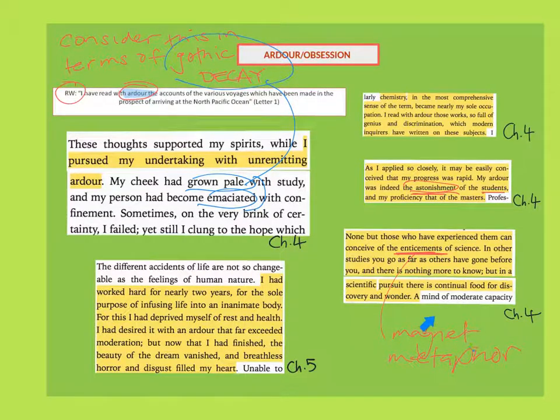It controls them. They are not in control of their learning. "But in a scientific pursuit, there is continual food," 7 deadly sins, see thirst earlier, and glut elsewhere, "for discovery and wonder." So that idea we mentioned on the previous slide of an excessive unhealthy appetite.